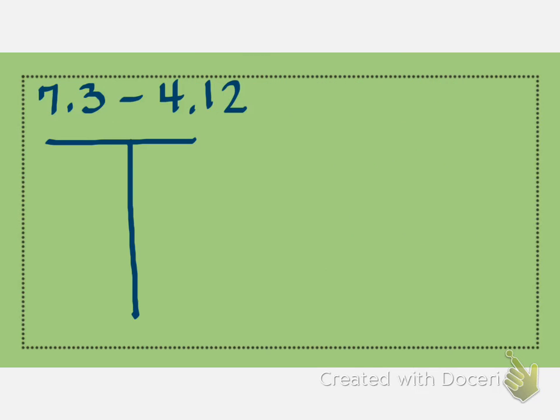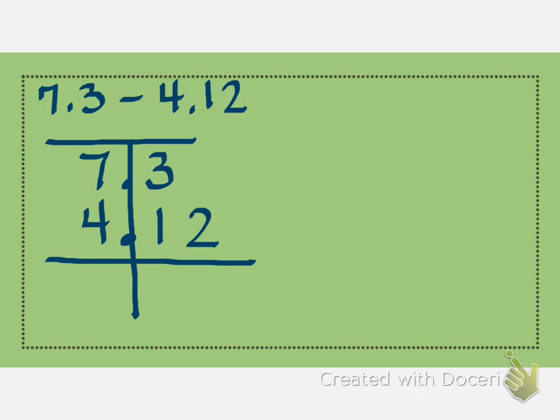So let's take a look at this next one. We have 7 and 3 tenths minus 4 and 12 hundredths. Again, I'm going to use a T-chart because that helps me organize my numbers. I'm going to place both of those in the T-chart, and notice once again that I have a hole right above that 2.